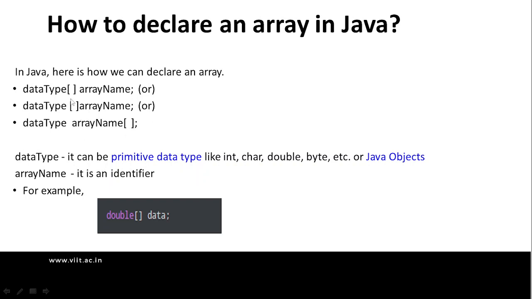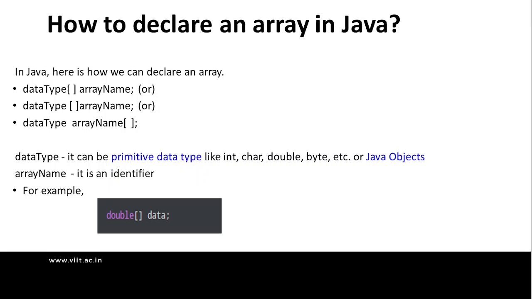The bracket may be after the data type, before the variable, or after the variable, but this bracket indicates this is an array. The data type can be a primitive data type like integer, character, double, byte, and Java objects.